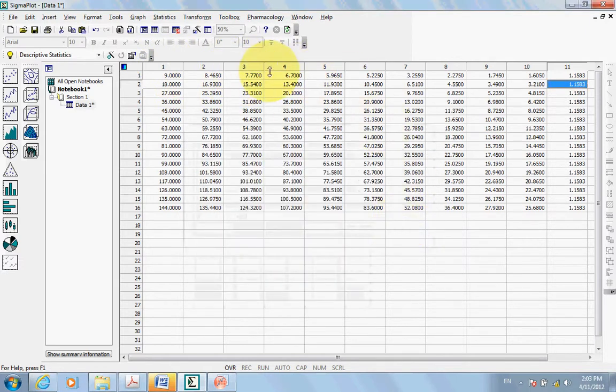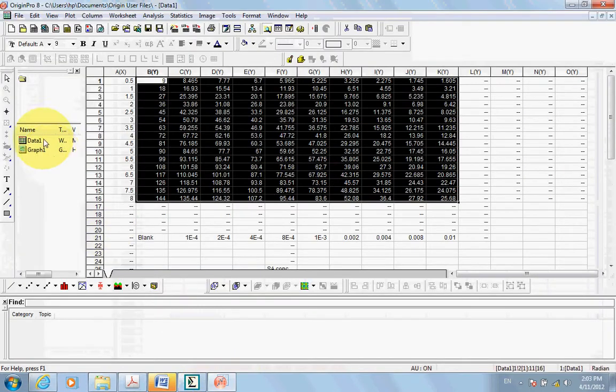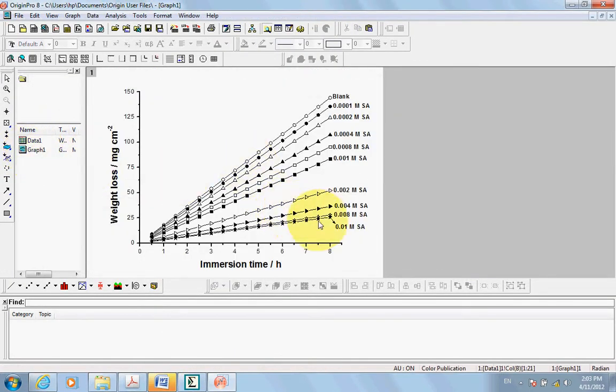It means that all the data in this figure are fake. We have only one set of values for the blank, and we multiply these values by a constant to get the other 9 concentrations of the succinic acid. It means that all the data in figure 1 are fake data. This is an example of how the author forged the data of the weight loss measurement.